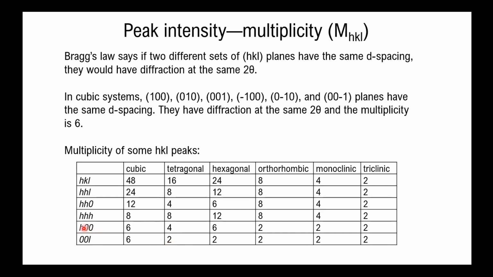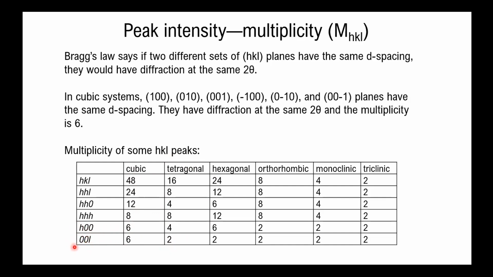But you can tell that the H00 and the 00L in the tetragonal cannot be distinguished in the cubic system, right? You cannot tell A from C. So you cannot tell whether it's H00 or 00L, right? You cannot tell A from B or C.